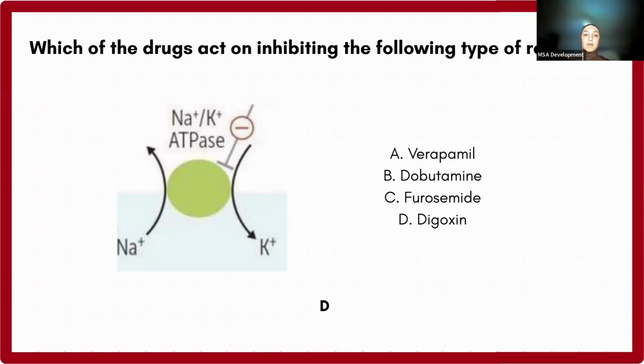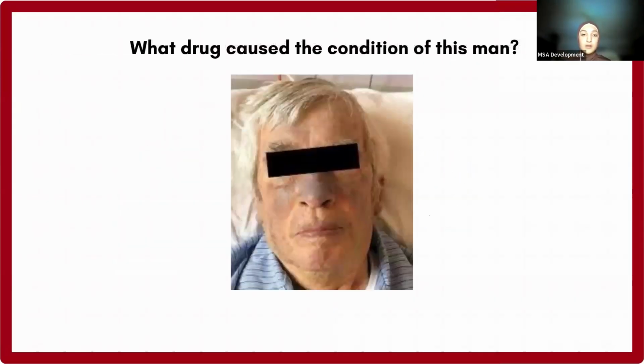This increase in intracellular calcium enhances myocardial activity. Essentially, it has a positive inotropic activity, which increases the force of contraction. This is what digoxin does.